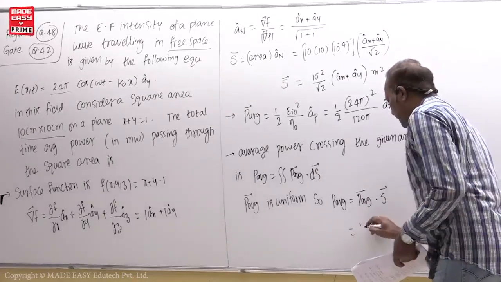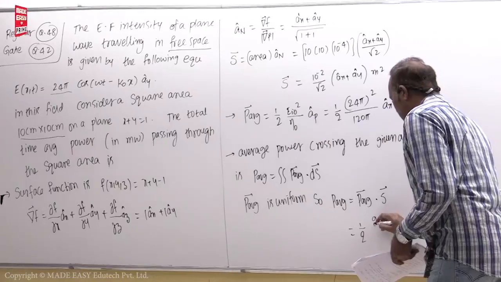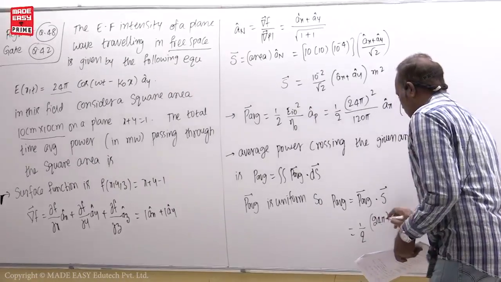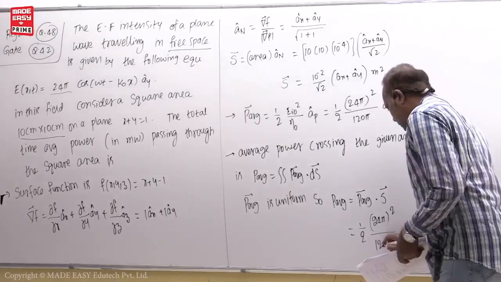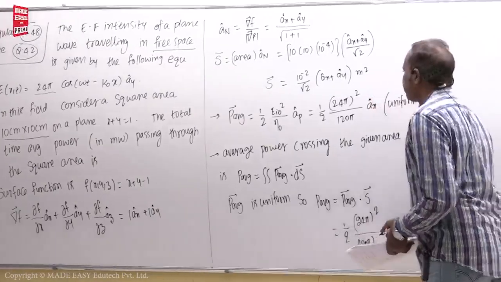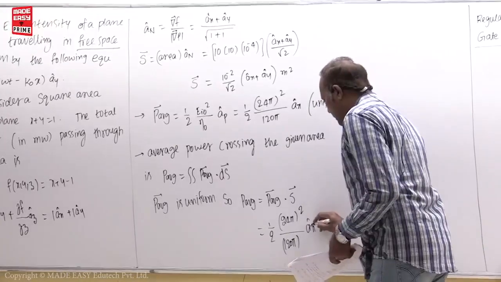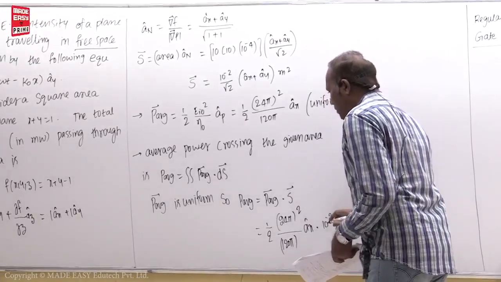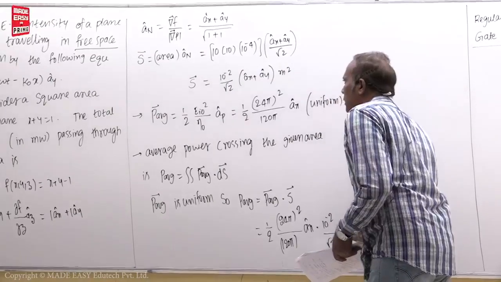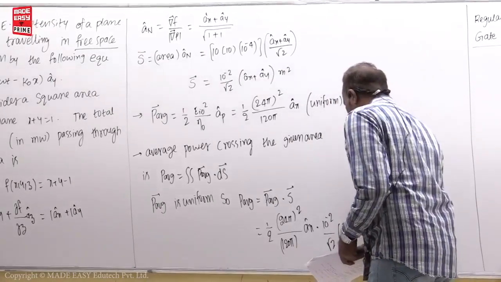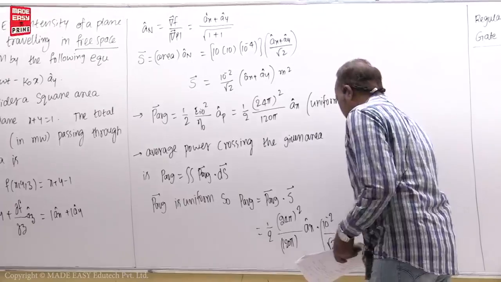So this is half into 24 pi whole square. Yeah, that is fine. So 120 pi ax, then 10 to the power minus 2, this one, by root 2 (ax plus ay).